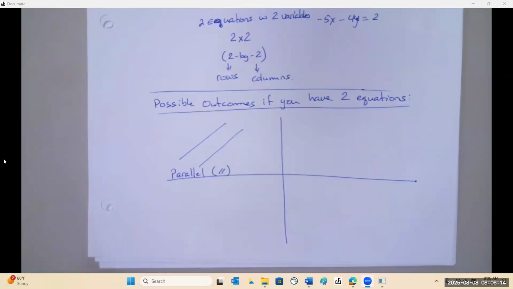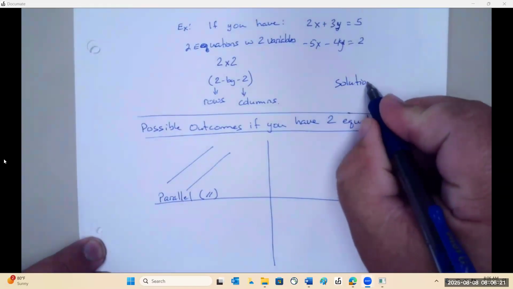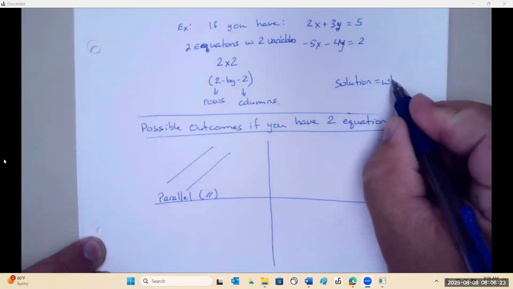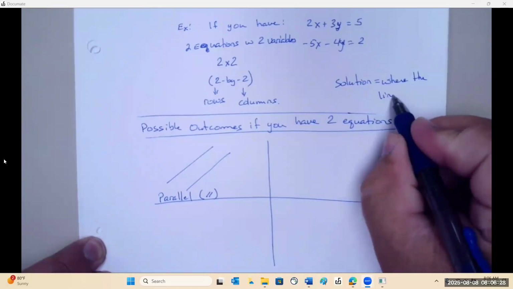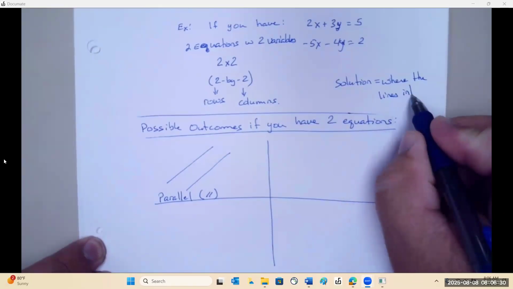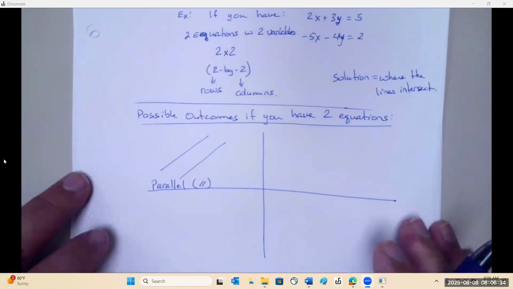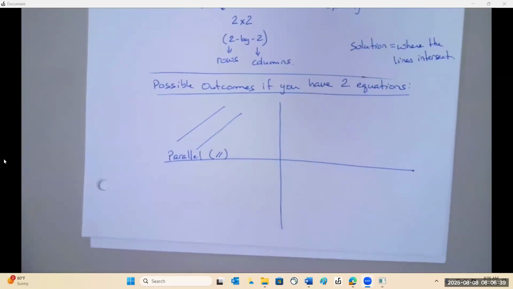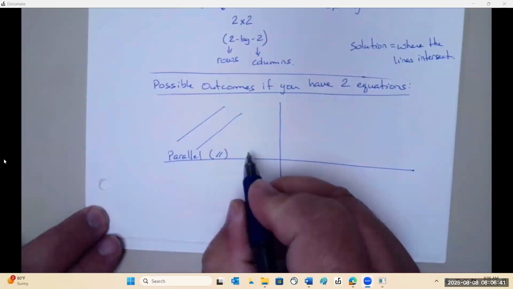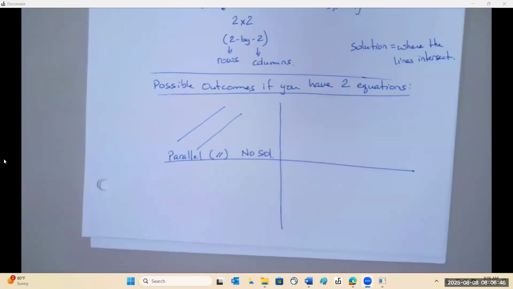A solution is where the lines cross, where the lines intersect. That's what a solution is. So if they're parallel, how many solutions do they have? No solutions.